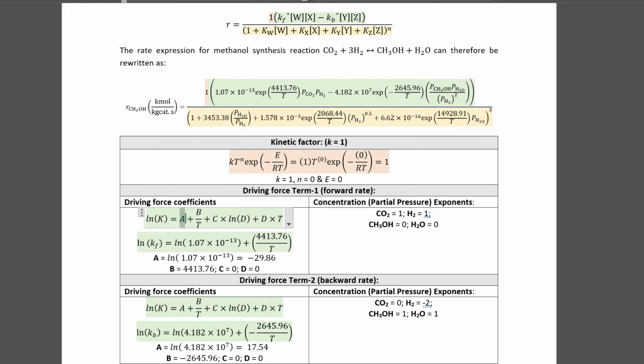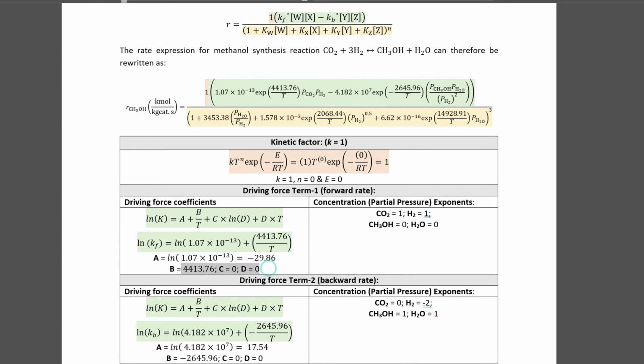That gives a correspondence to the general expression of A equivalent to natural log of 1.07 in 10 to the power minus 13, that is equal to minus 29.86, and correspondence of the second term to the general expression of B over T, where B is equal to the factor appearing in the numerator of the exponent term, that is 4413.76. Since there is no term after the exponent factor, those will be considered as zeros.